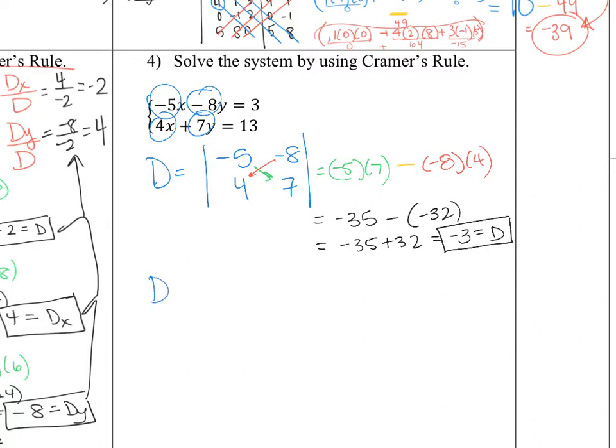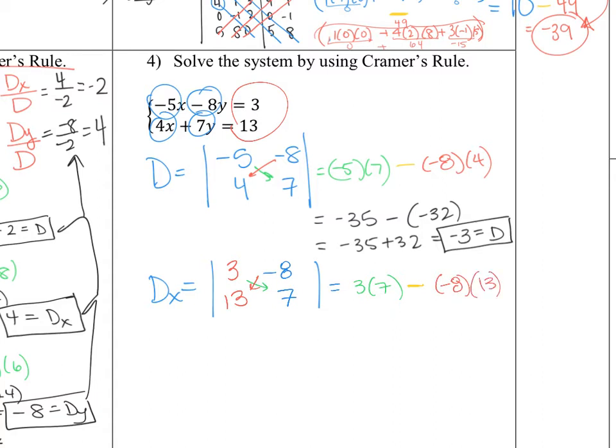Then we need to find our Dx, which again, that's going to replace the x column with those constants, 3 and 13. The y values stay the same as our last determinant. So then we're going to cross multiply. We'll do 3 times the 7. And then we're going to do minus, because that's what the determinant says, negative 8 times 13.